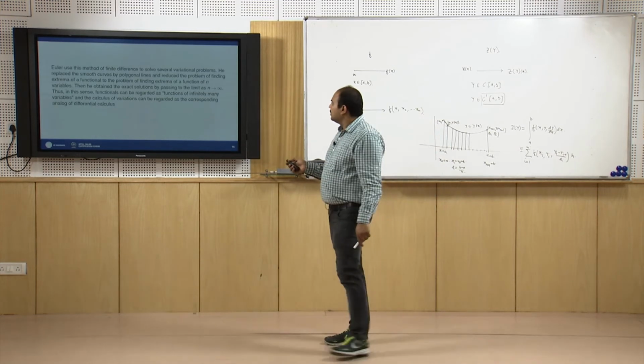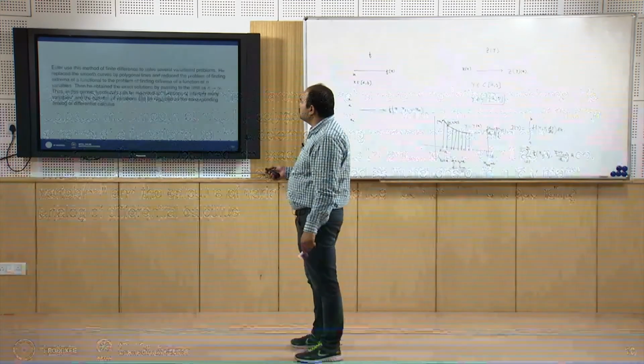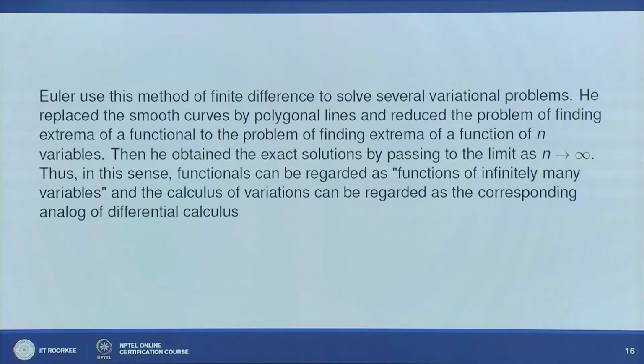So he replaced the smooth curves by polygonal lines, and reduced the problem of finding extrema of a functional to the problem of finding extrema of a function of n variables, right, and then he obtained the exact solution by passing to the limit as n tending to infinity.